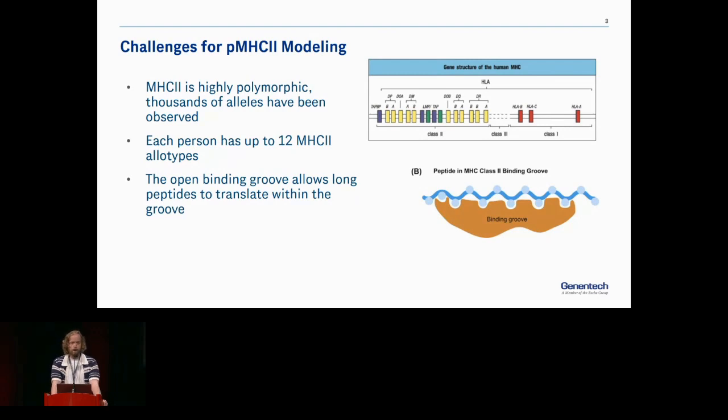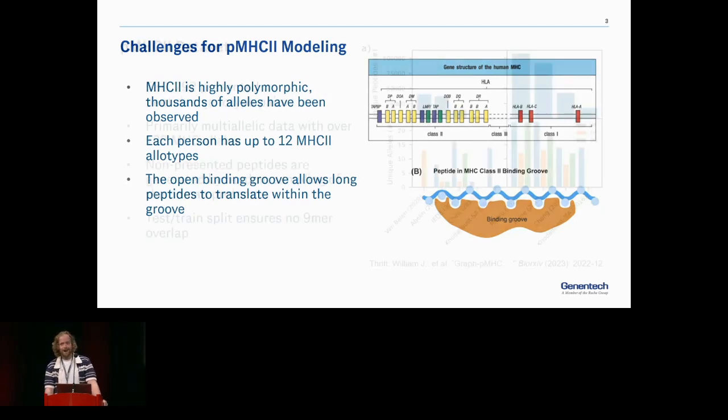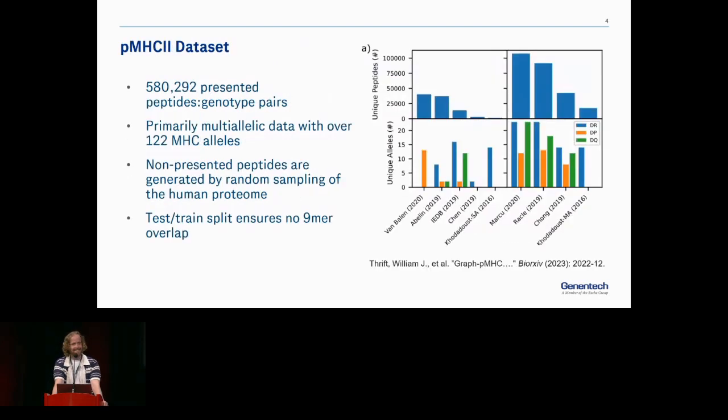And so you both have to know what sort of patterns the allele is looking for, and then you have to be able to identify a binding core in a longer peptide. Fortunately, though, we have an amazing public data set with lots and lots of examples over a good spread of alleles. There's some considerations that you have to make in generating the data, but we make those considerations.